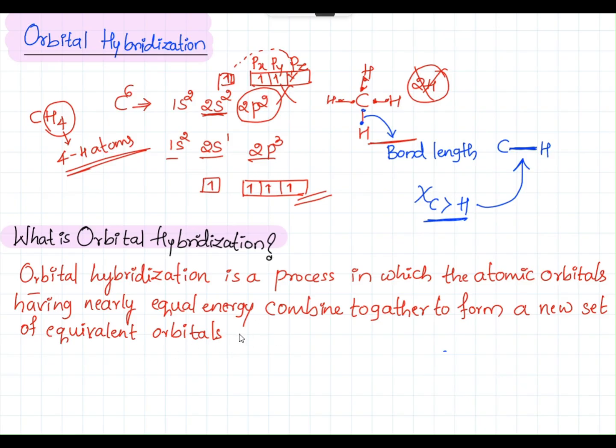These orbitals are called hybrid orbitals, and the process is known as orbital hybridization.